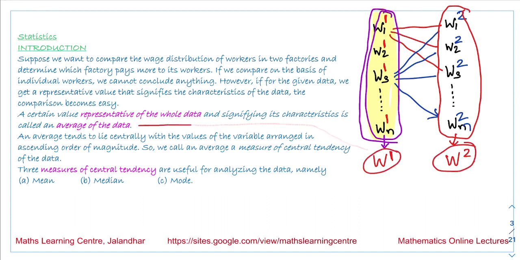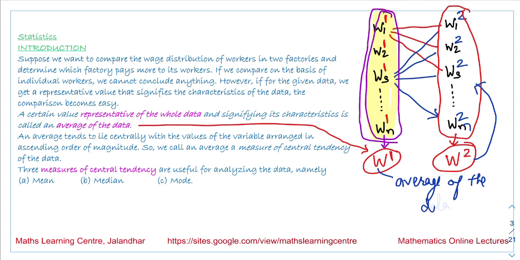We have assigned an average to all these values of wages, and these are representative of this data. This W1 is the representative of this data and W2 is the representative of this data, and these two values W1 and W2 are called the average values. These are called the average of the data.